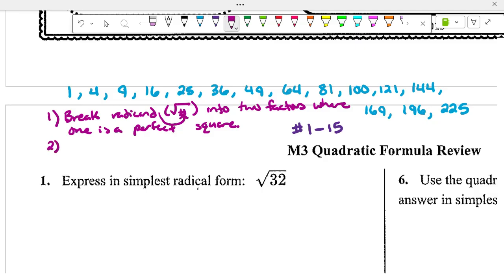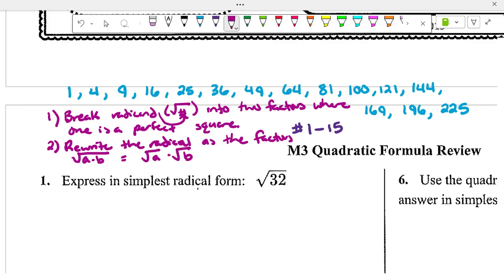So once you get that, you're going to rewrite the radical as the factors. So it would look like this. My two factors were a times b. That would be under the radical. And I can rewrite it as the square root of a times the square root of b.